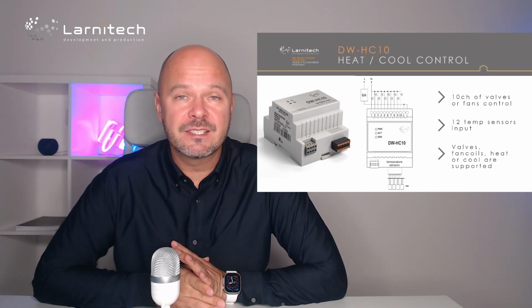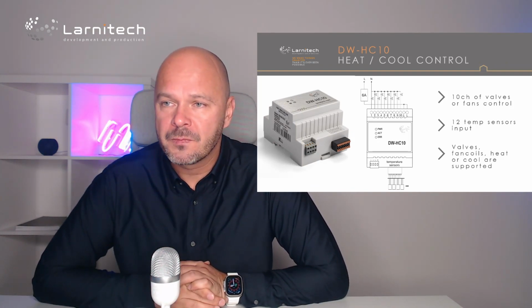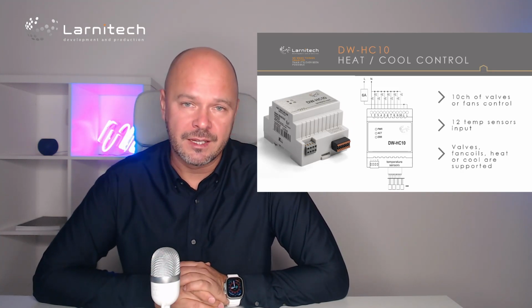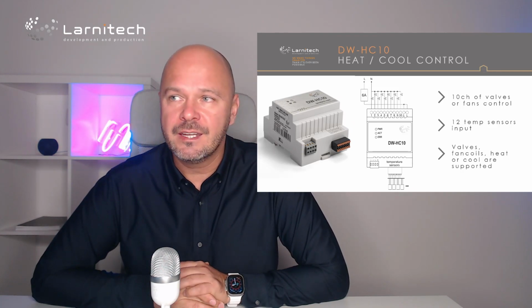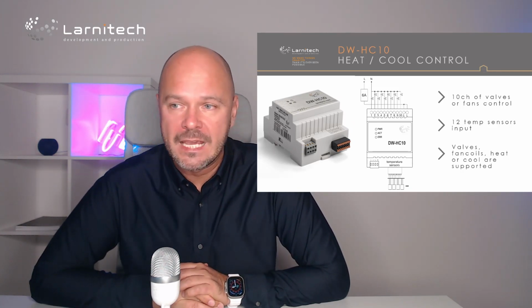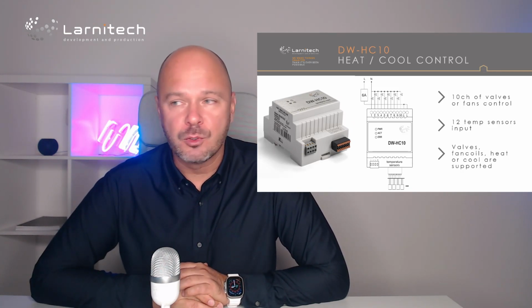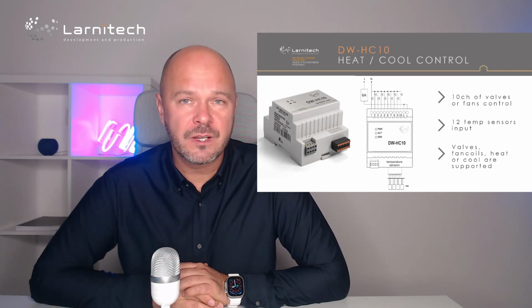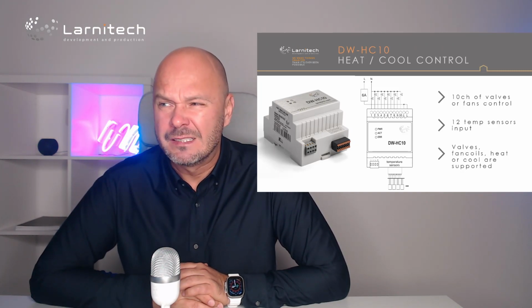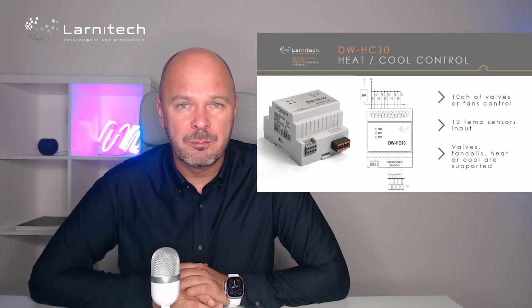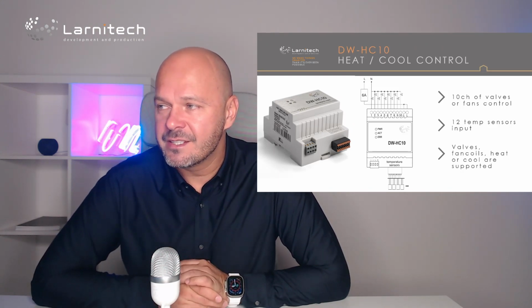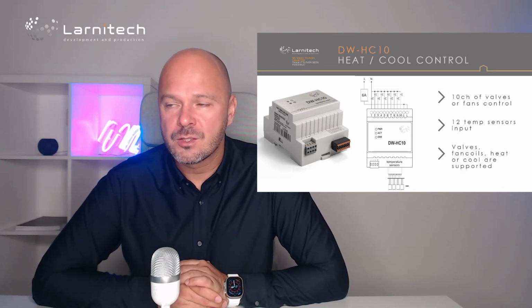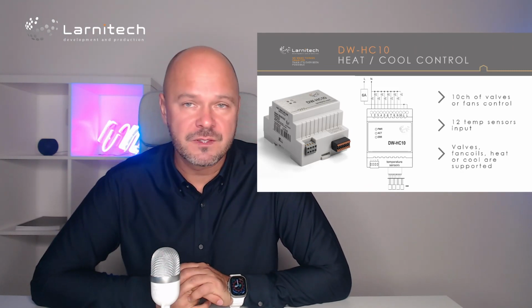And here is the next device, also special, not universal like our relays, but a special one for the heating and cooling control. So it has 10 outputs, which are not very powerful, I think up to something like half an ampere per channel. And it has 10 channels, so it can control up to 10 valves.